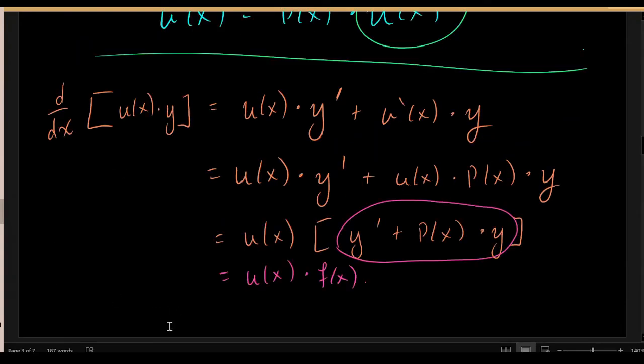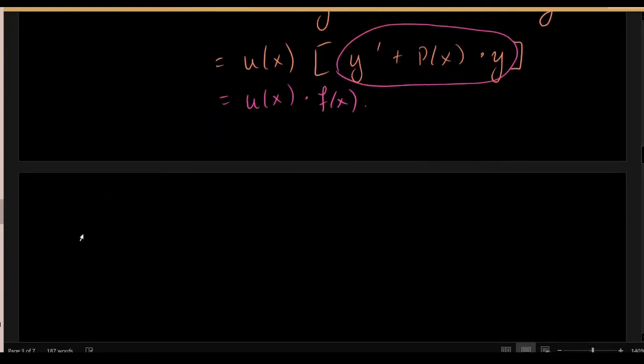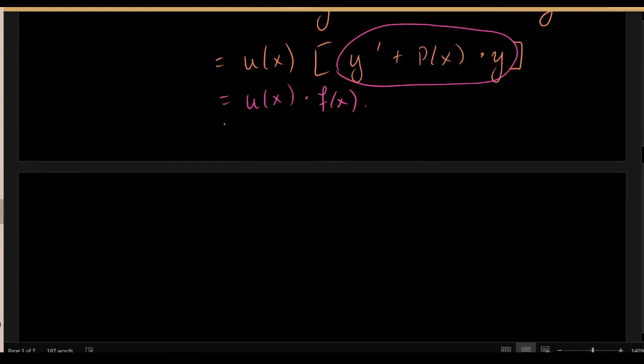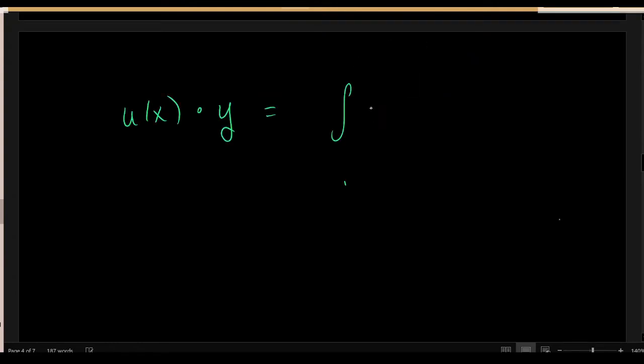So what have we discovered? We discovered that if we define u of x in this way, and take the derivative of u times y, then that's going to be equal to u times f. And so, as a consequence of that, if I integrate both sides, it'll cancel the derivative on the left, and I get u of x times y is equal to the integral of u of x times f of x.